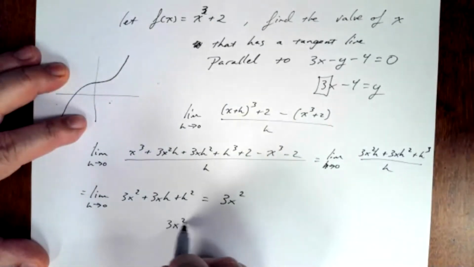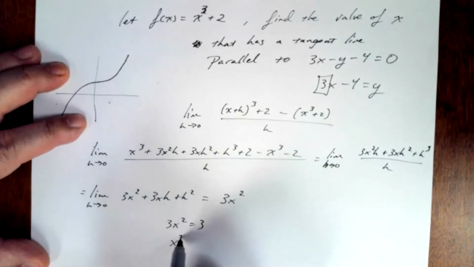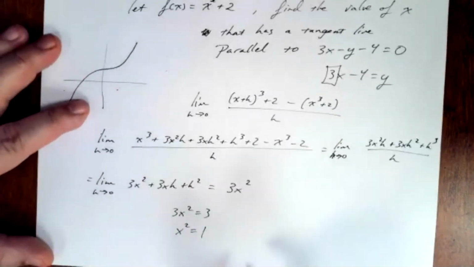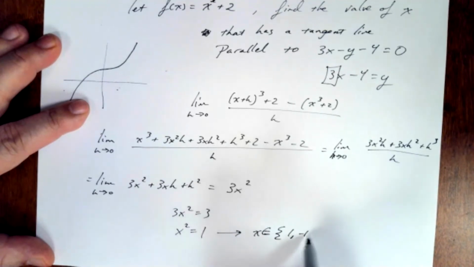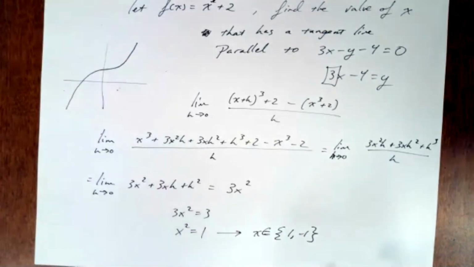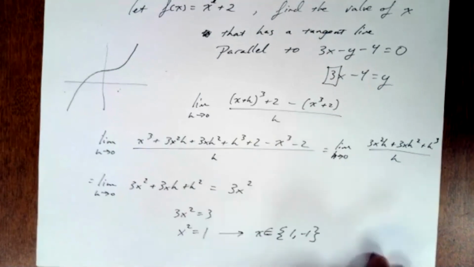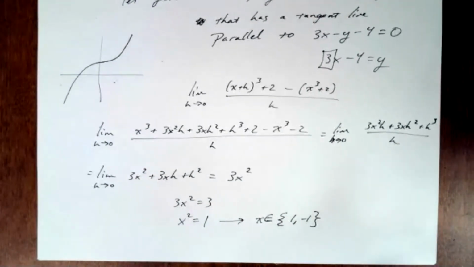So 3x squared equals 3, x squared equals 1. So x is an element of the set 1 and -1, because you have to remember both of them.